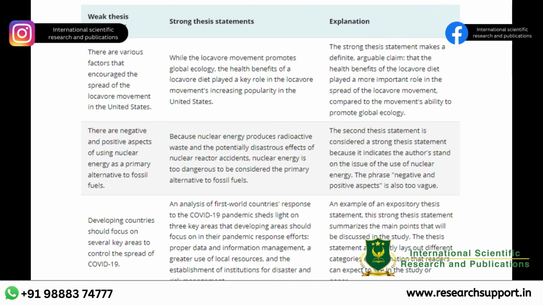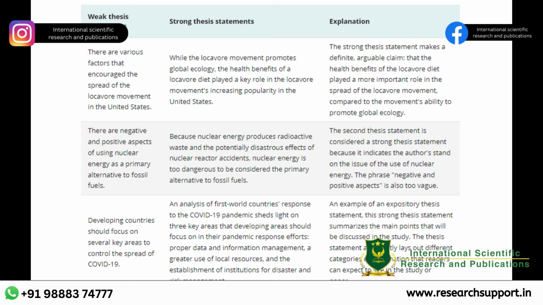Here are examples of weak and strong thesis statements. A weak thesis statement would be, let us read one example: There are various factors that encourage the spread of the locavore movement in the United States. This is a weak statement which does not specify a specific point.